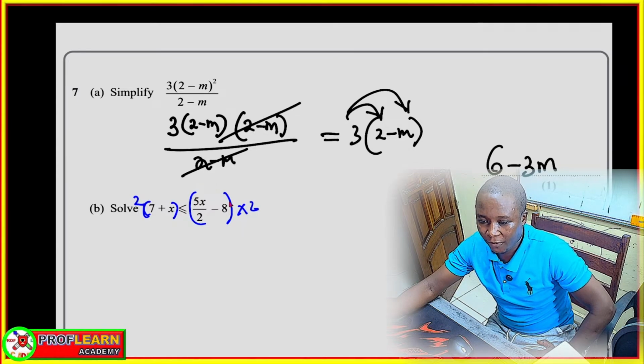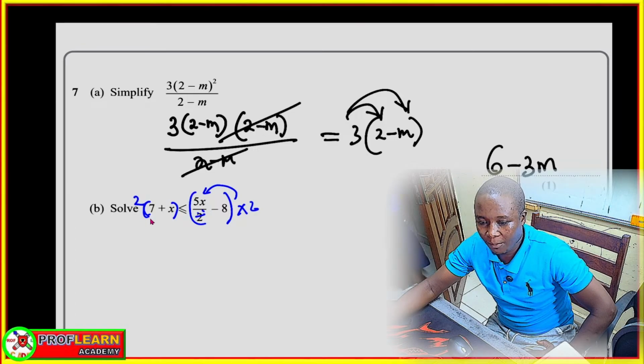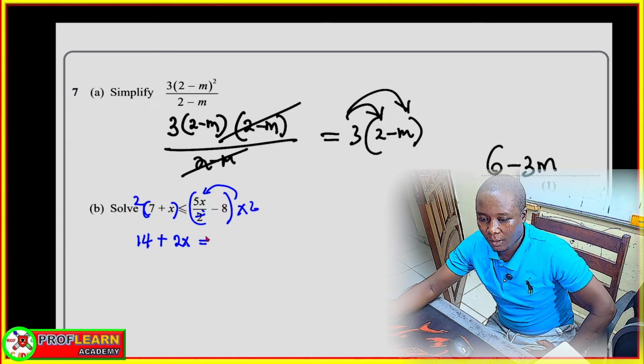Which means that in the first bracket, the 2 that is down here will cancel with this, but this 8 will be multiplied by 2. So the first term here will be 14 plus 2x less than or equal to 5x minus 16.